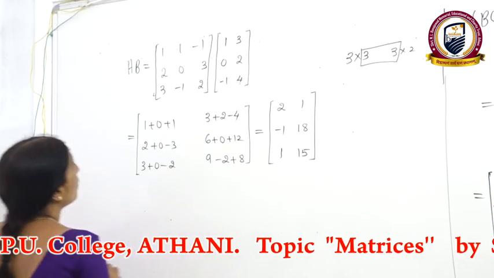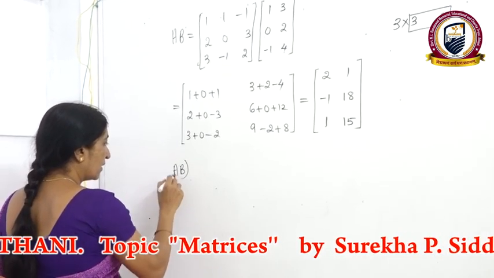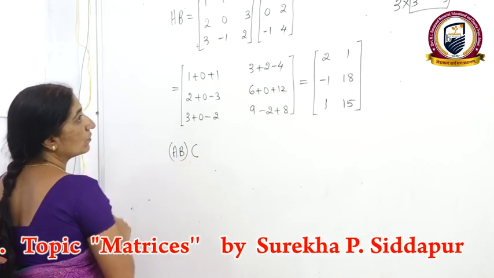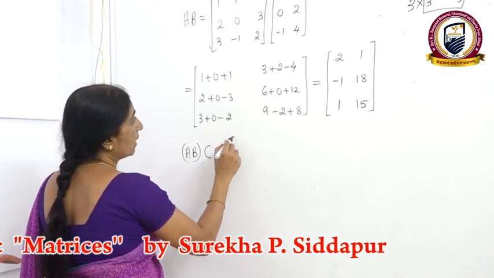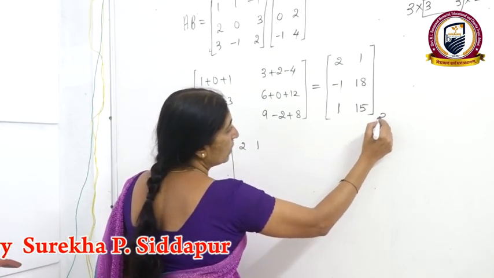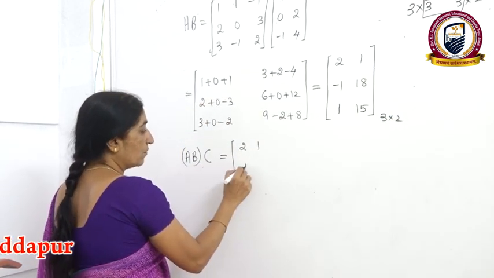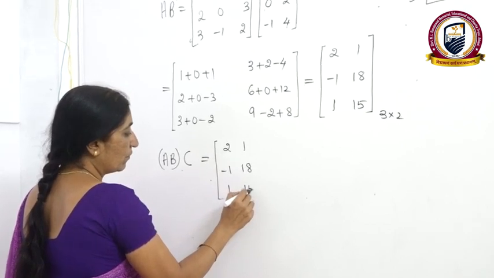Yes. Now what you have to find? You have to find AB into C. So what is AB? Already we calculated AB. 2, 1 and see the order. The order is 3 by 2. Now write down this matrix here. Minus 1, 18, 1, 15.